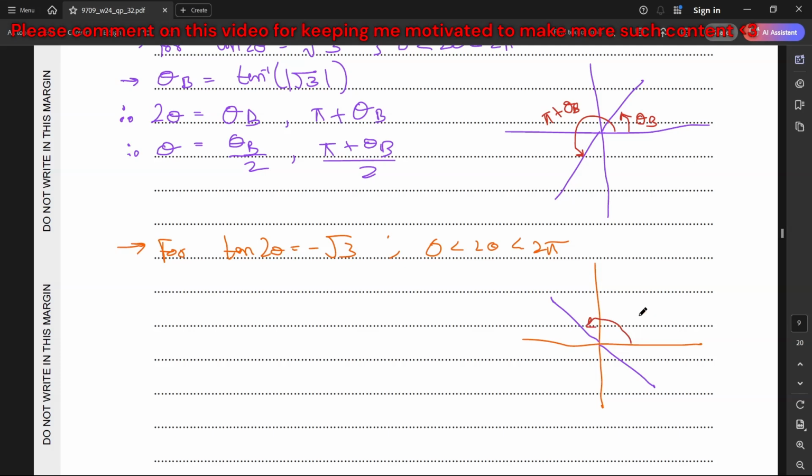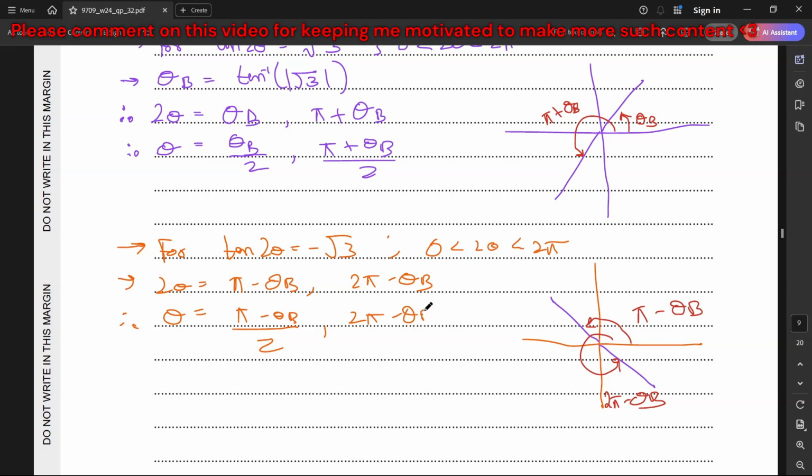So this is pi minus theta basic, and this is 2 pi minus theta basic. Okay, so right away I can say that my final values of 2 theta are pi minus theta basic and 2 pi minus theta basic, and therefore my theta will be equal to pi minus theta basic by 2 and 2 pi minus theta basic by 2.